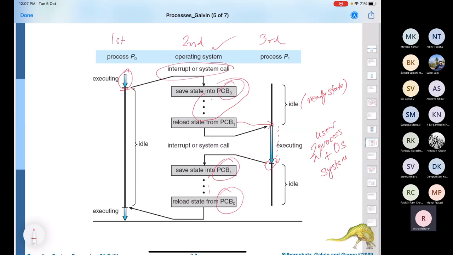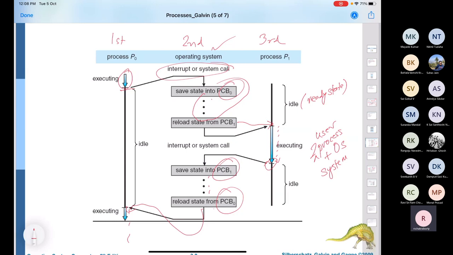Anyway, to make things simple, it loads PCB0, and the control goes to process 0. The microprocessor is loaded from the saved state, and again it starts executing. In this way, in a ping pong fashion, control goes between process 0 and process 1, P0 and P1, again and again, with the operating system playing an intermediary role.